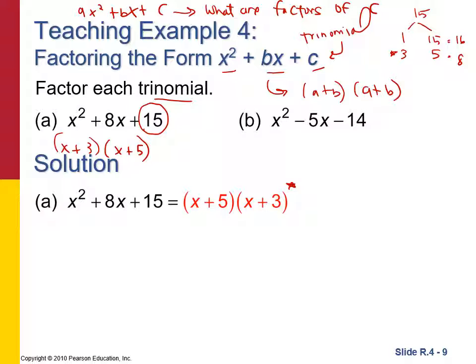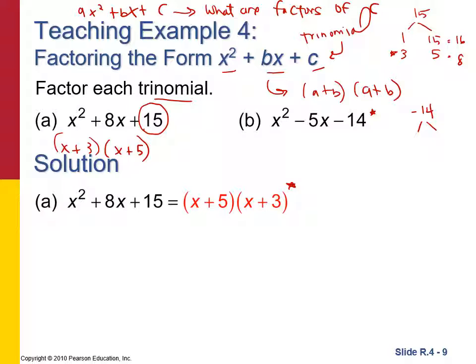So let's take a look at this group right here. Notice it's negative 14, so you actually have to take that into consideration. Negative 14, what are factors of negative 14? One has to be positive and one has to be negative. They can't both be positive, they can't both be negative, right?